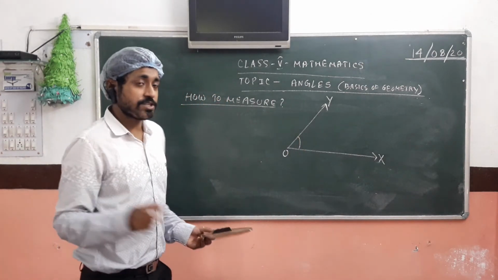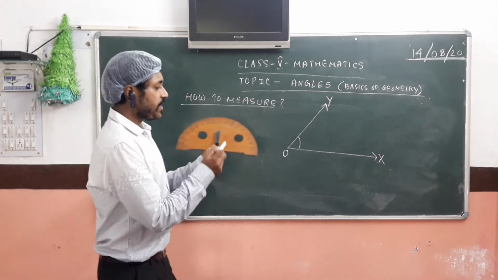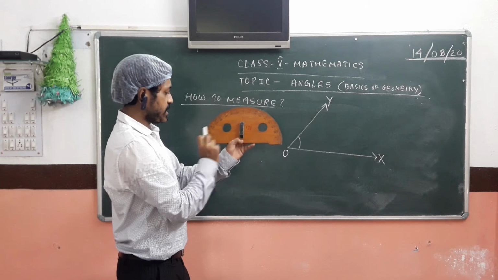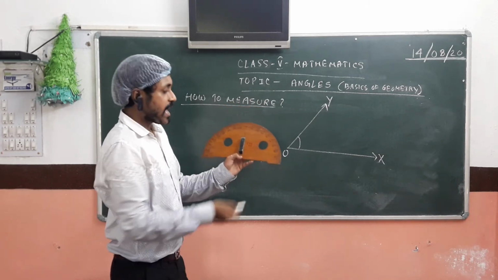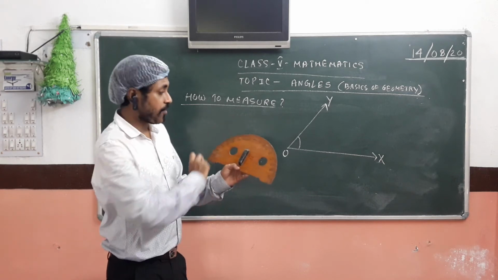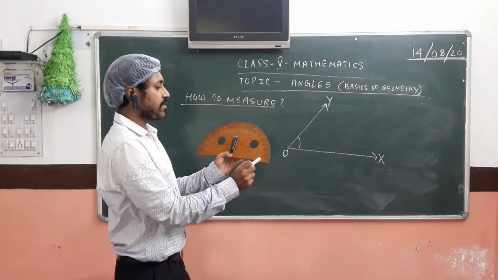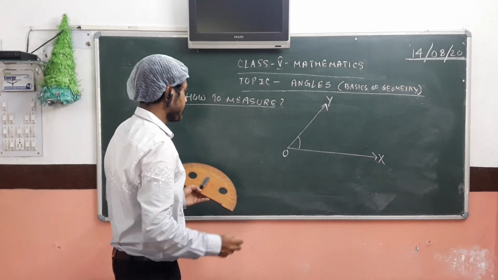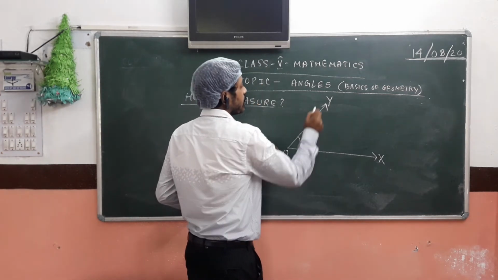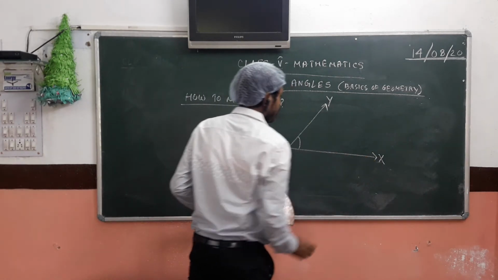How do we start to measure the angle? In your protractor, going clockwise from left to right you have 0 to 180, and anti-clockwise 0 to 180 on the other scale. On the outer scale you have 0 to 180 clockwise, and on the inner scale you have 0 to 180 anti-clockwise. When we are measuring angles, generally we use the anti-clockwise direction depending on the base of the ray.